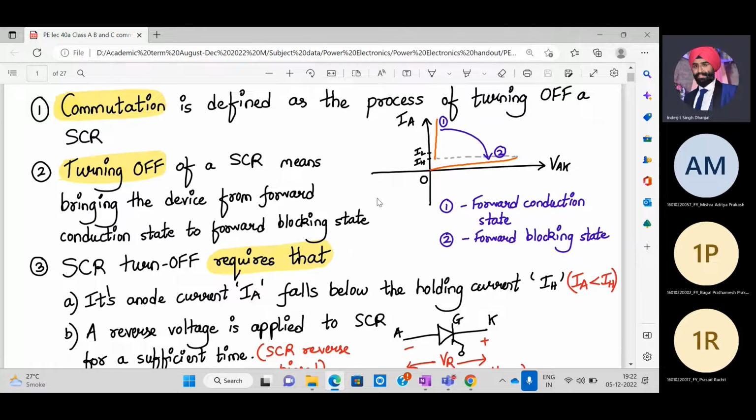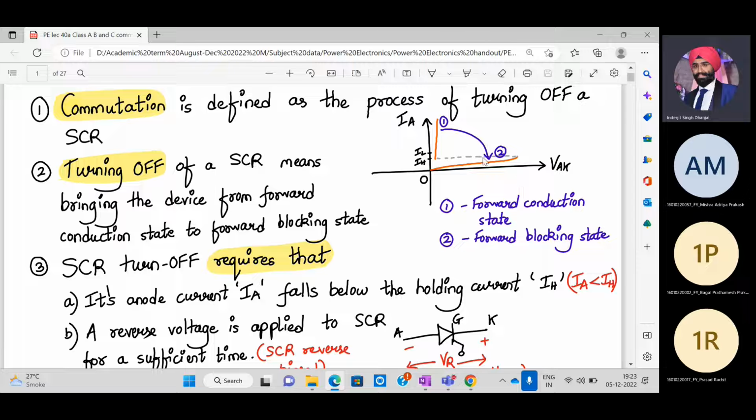All right, let's revise the characteristics of an SCR in the first quadrant. We have region number one, which is the forward conduction state, and region number two, which is the forward blocking state. So what do you mean by turn off? Turn off means you have to forcefully make the SCR leave the conduction state and enter the forward blocking state, meaning you have to go from one to two.